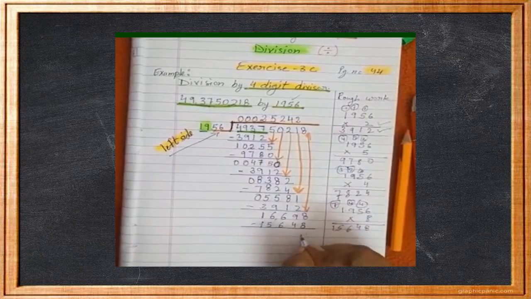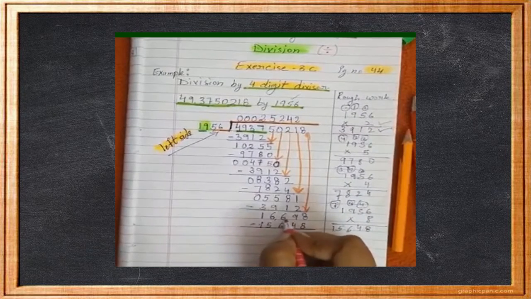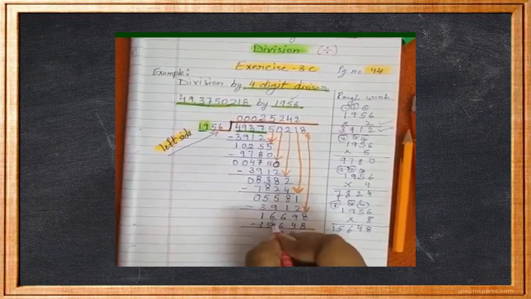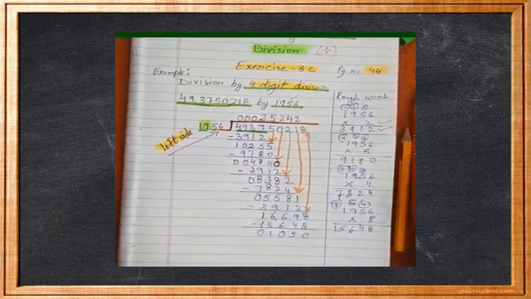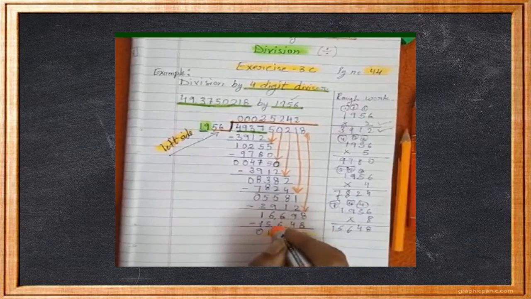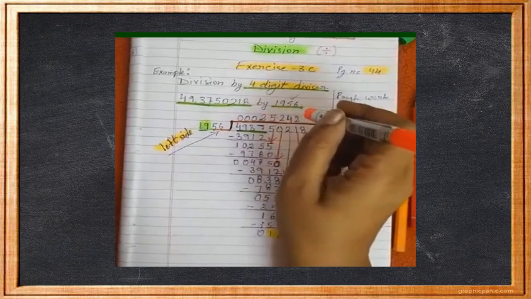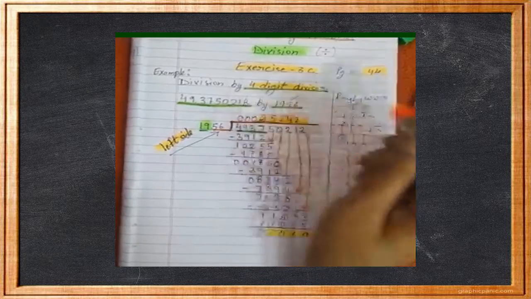Now subtract this. 8 minus 8, 0. 9 minus 4, 5. 6 minus 6, 0. 6 minus 5, 1. 1 minus 1, 0. Yes, children. So 1050 is your remainder and 25,242 is your quotient.